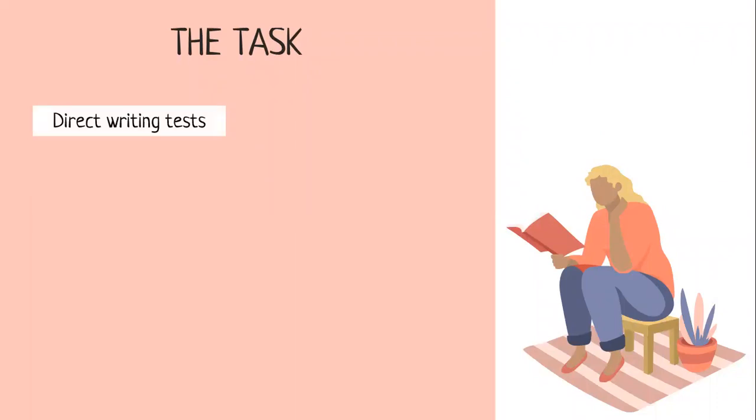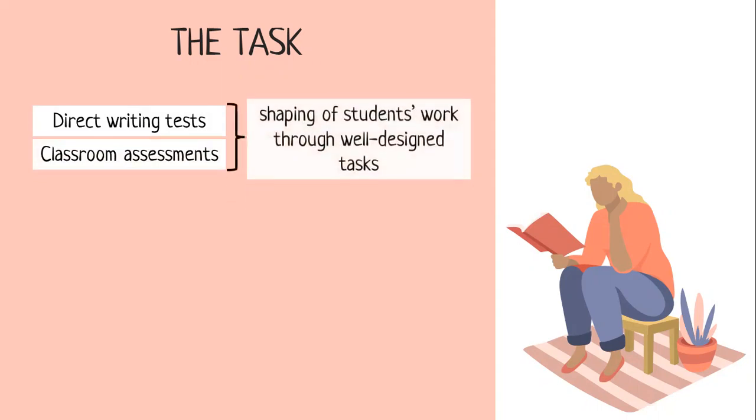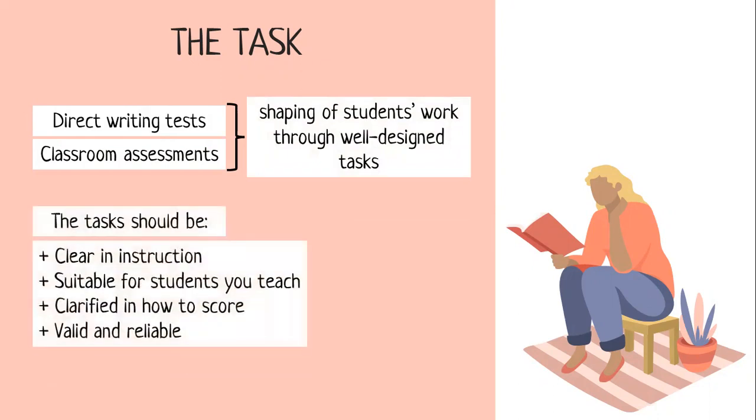Both direct writing test and classroom assessment of writing start with the shaping of student work through well-designed tasks. The task should be clear in instruction, suitable for students you teach, clarified in how to score, and be valid and reliable.